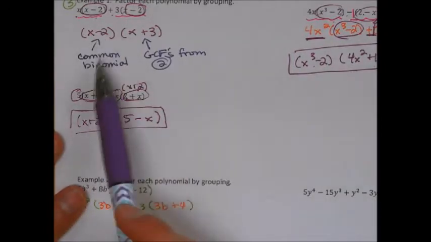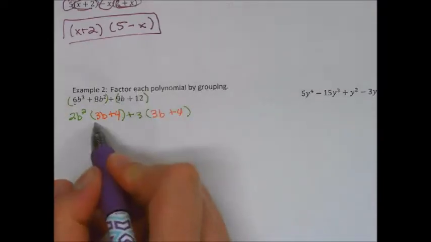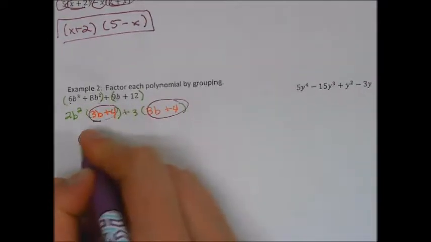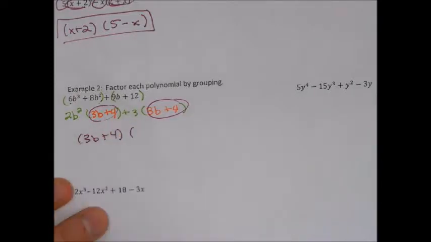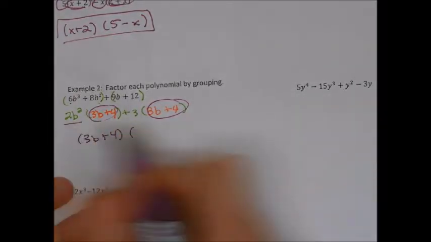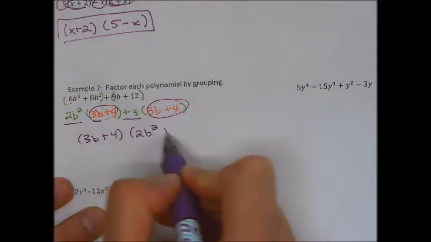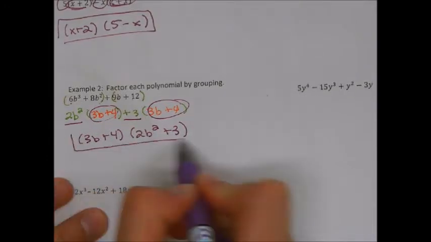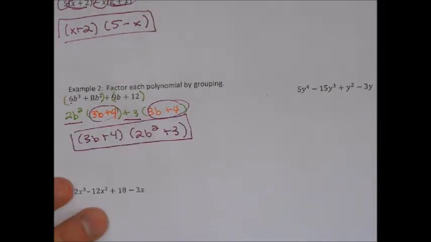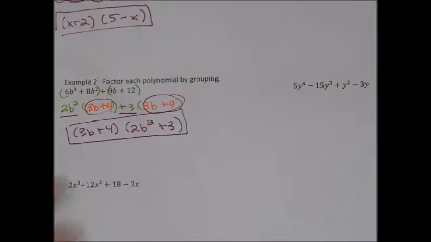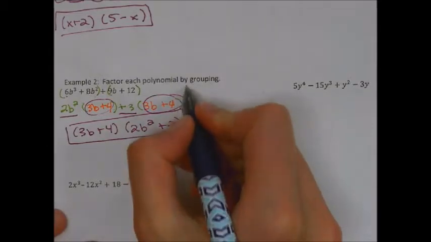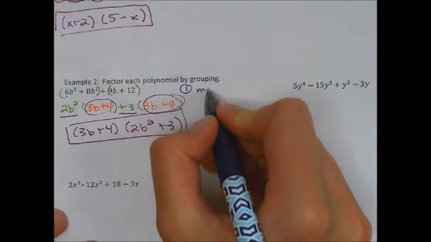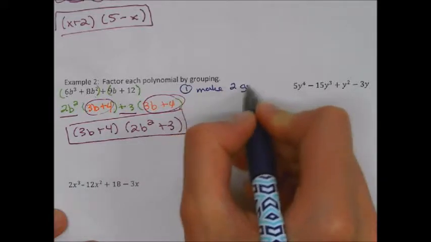Step 3, we have our common binomial and then our GCFs. Well, our common binomial is 3b plus 4. What were our GCFs? 2b squared plus 3. Let's check. Can I keep factoring either one of those? No, I cannot. So, step 1, make 2 groups.